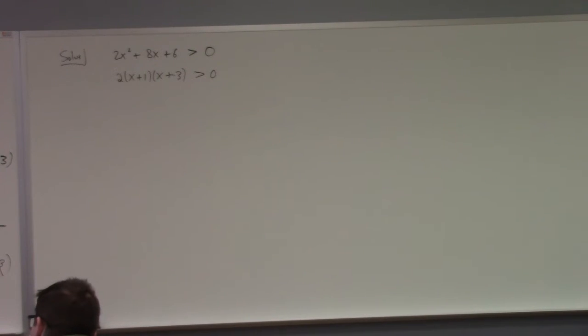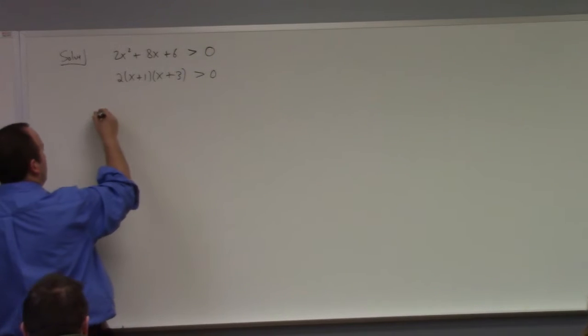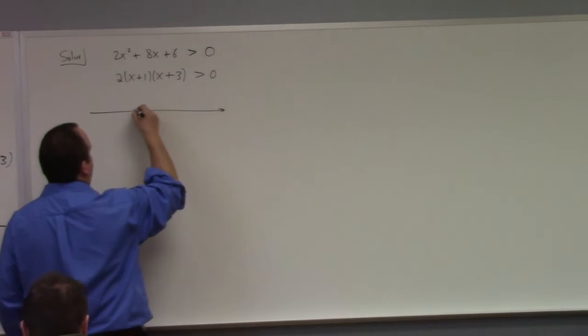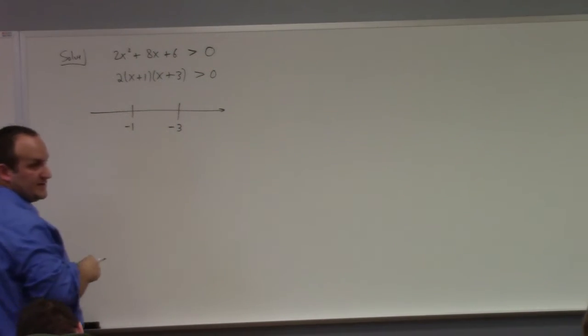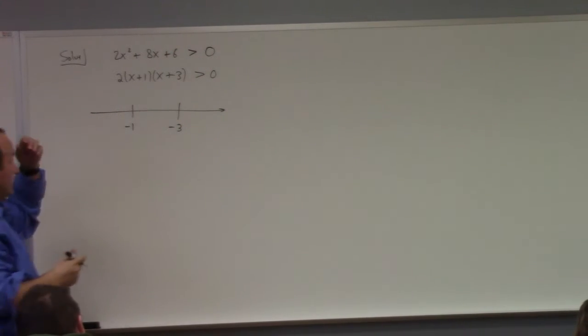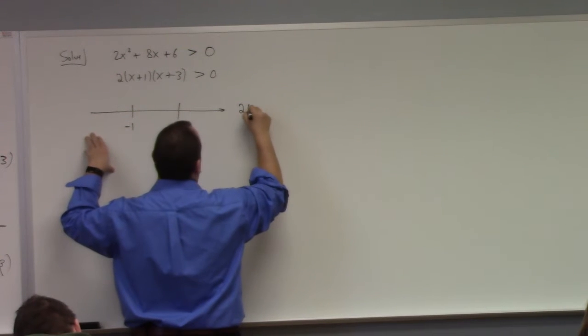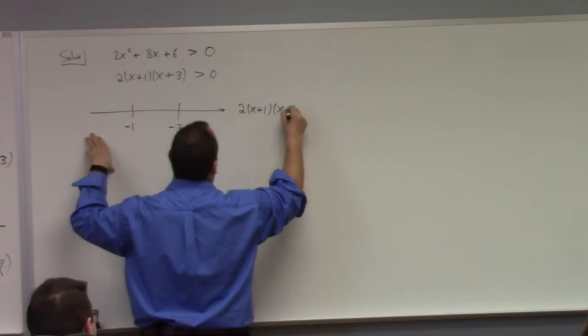That's what we're doing. Here, I'll do it. So here's my number line. Now, I'm not sure Dr. Sprano did it this way, and different people have different ways of organizing this, but here's how I do it. Number line, 2 times x plus 1 times x plus 3.